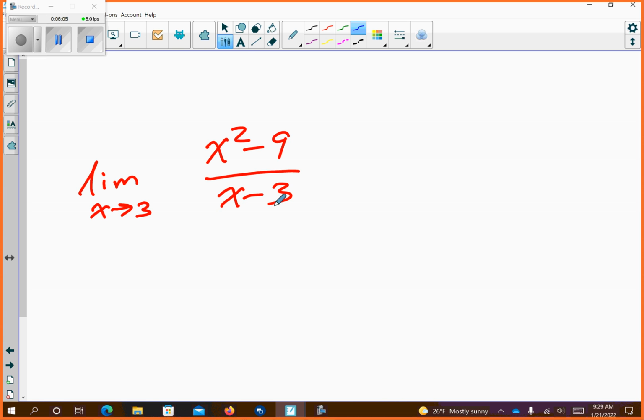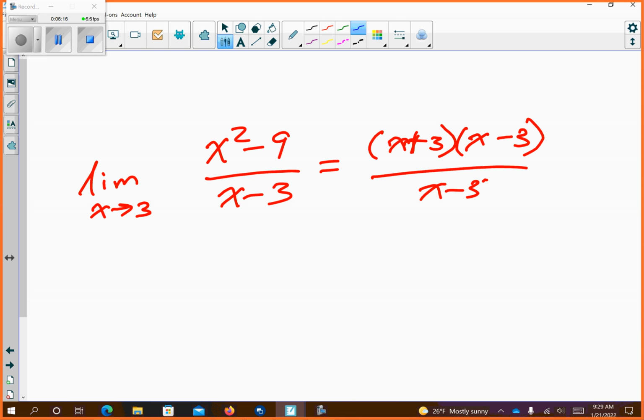So you have to make sure that you factor where you can. And if you're not good at factoring, you can use Desmos. Once you get this situation, this created a hole, which is fine, but then you can just plug into this, and that would give me an answer of 6, because 3 plus 3 is 6. So sometimes you can factor.